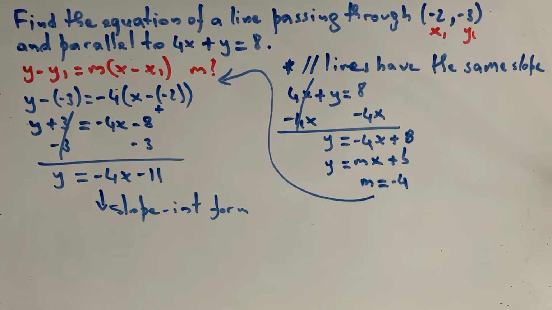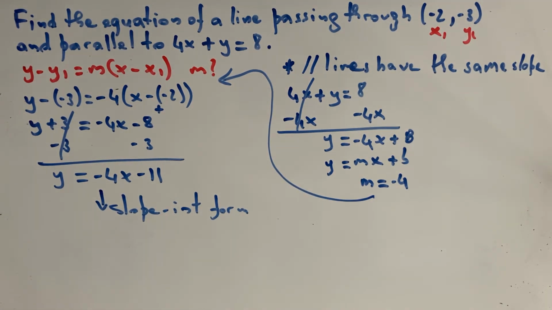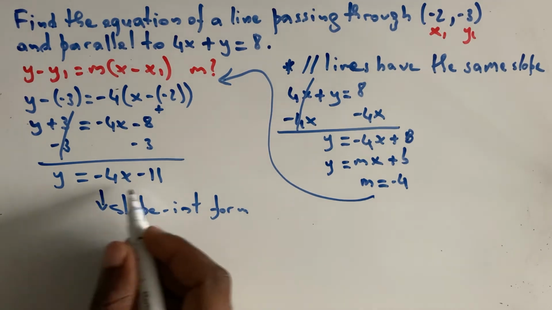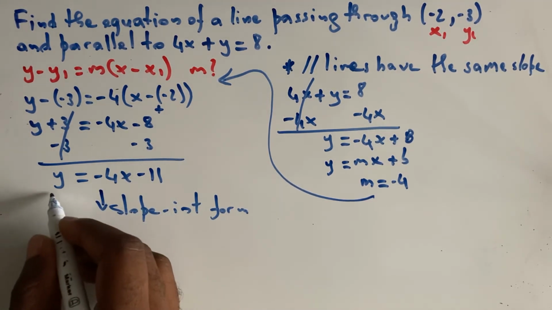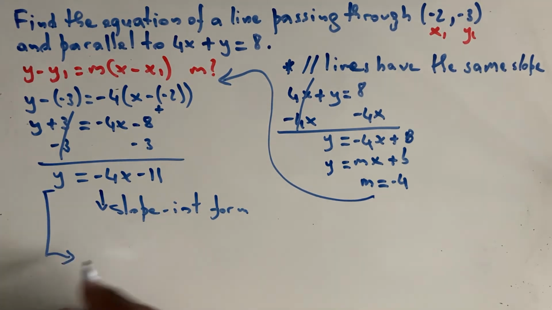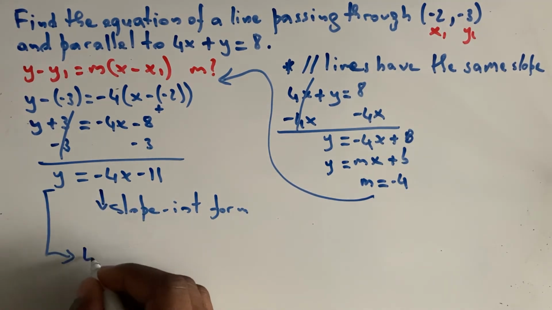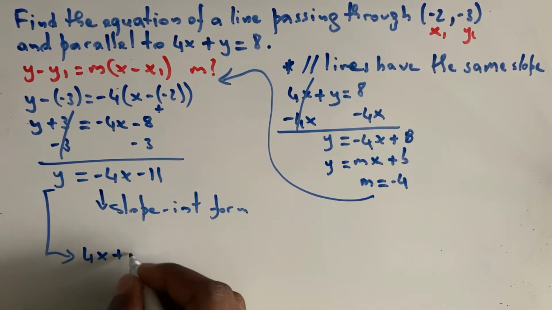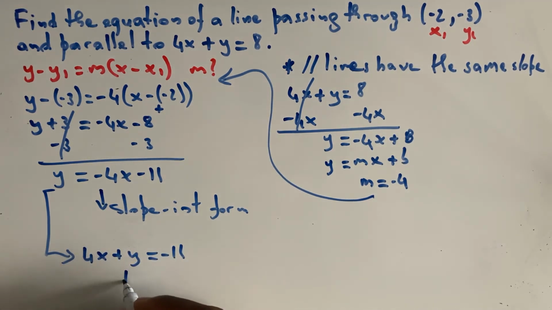To write this in standard form, if that's what the question asks, all you have to do is add 4x to both sides. It would be 4x plus y equals negative 11, and this is standard form.